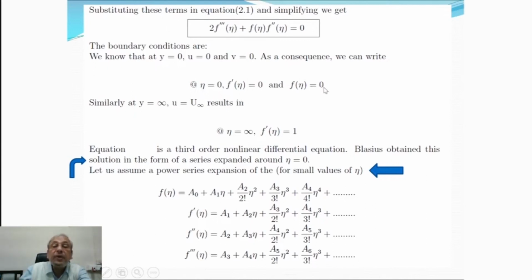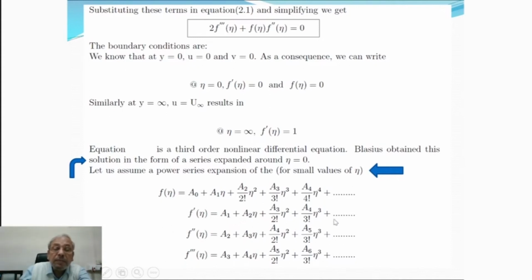Now here itself we can see that if we apply these two boundary conditions, that is at eta equal to 0, f eta equal to 0, we will get a0 equal to 0. And at eta equal to 0, f prime eta equal to 0, we will get a1 equal to 0.